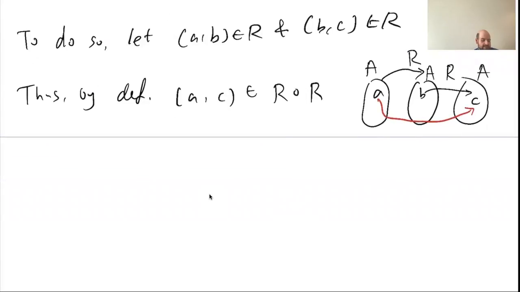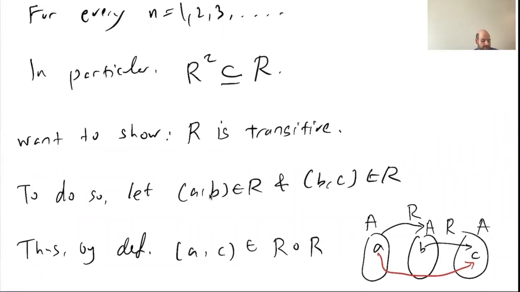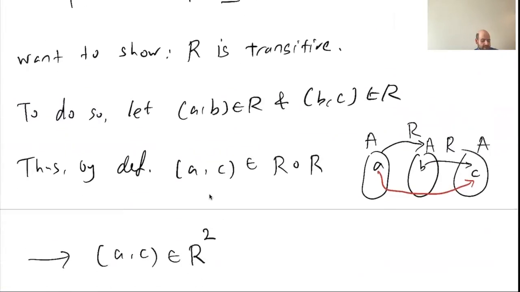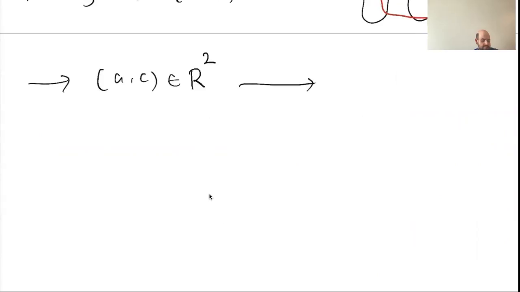So what does that mean? (a, c) is in R∘R. It means that (a, c) is in R². But I am assuming that R² is a subset of R. So if (a, c) is in R² and R² is a subset of R, well, that implies that (a, c) is in R, right?